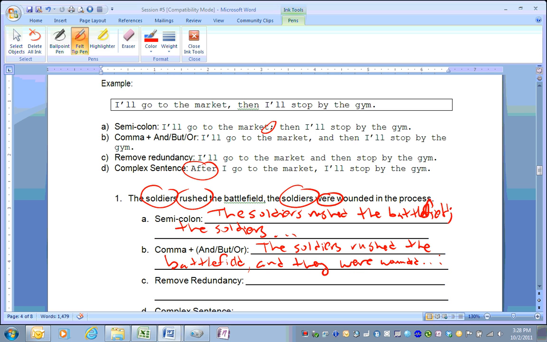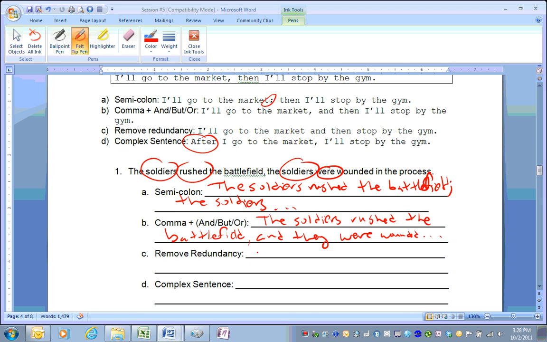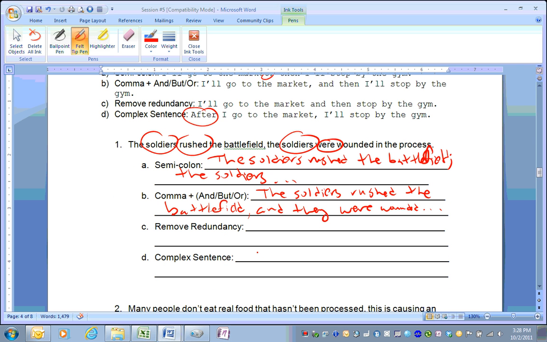You guys get the point in the process. So that's using a comma and the word and. How about C? How can you structure that one?